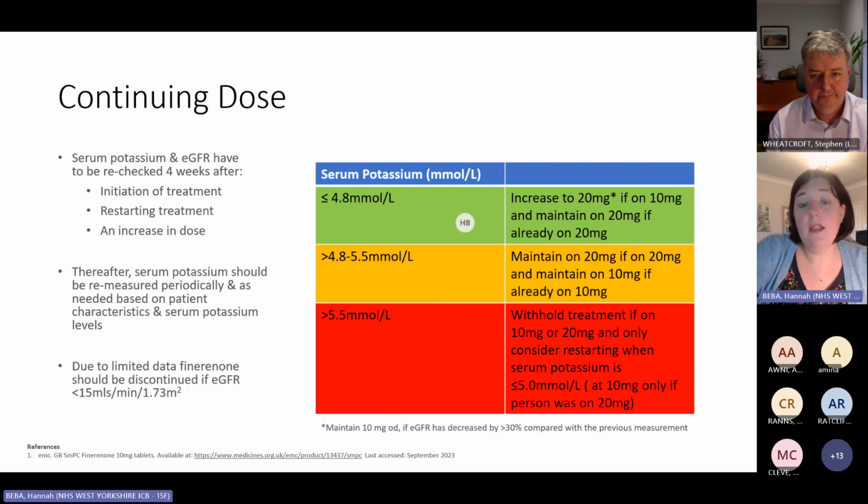So the idea is that unless something changes dramatically with that person, once you've gone through this process, they should be fine with their potassium. There wouldn't be anything that would normally rock the boat with that. But obviously, if anybody came in symptomatic of high potassium, we would want to do U&Es and make sure that they were okay. And there's limited data with finerenone below an eGFR of 15, so we wouldn't use it in that cohort.